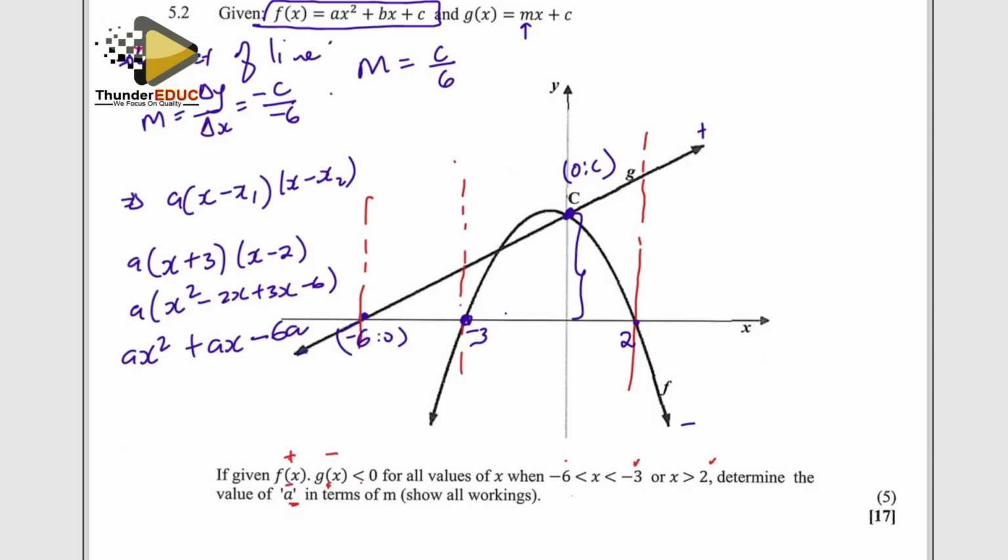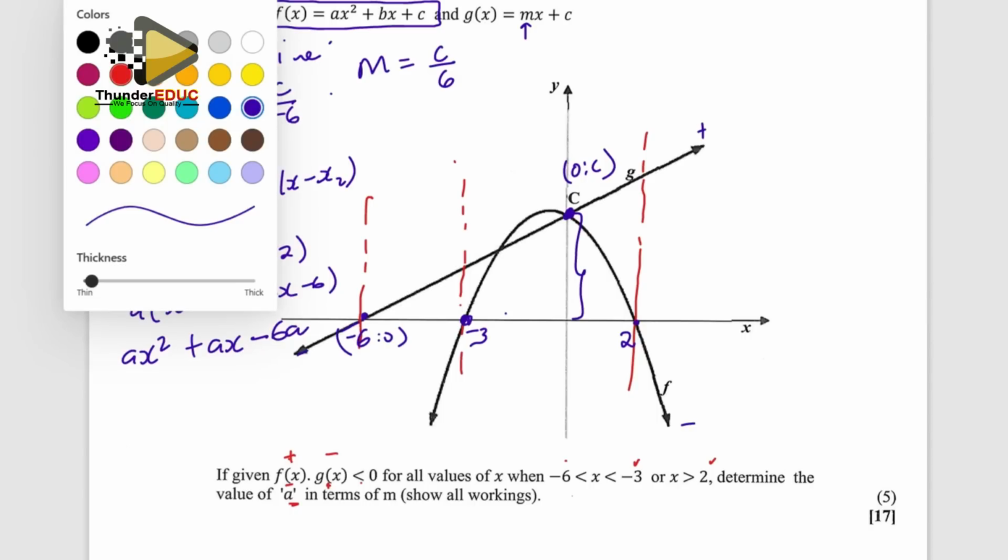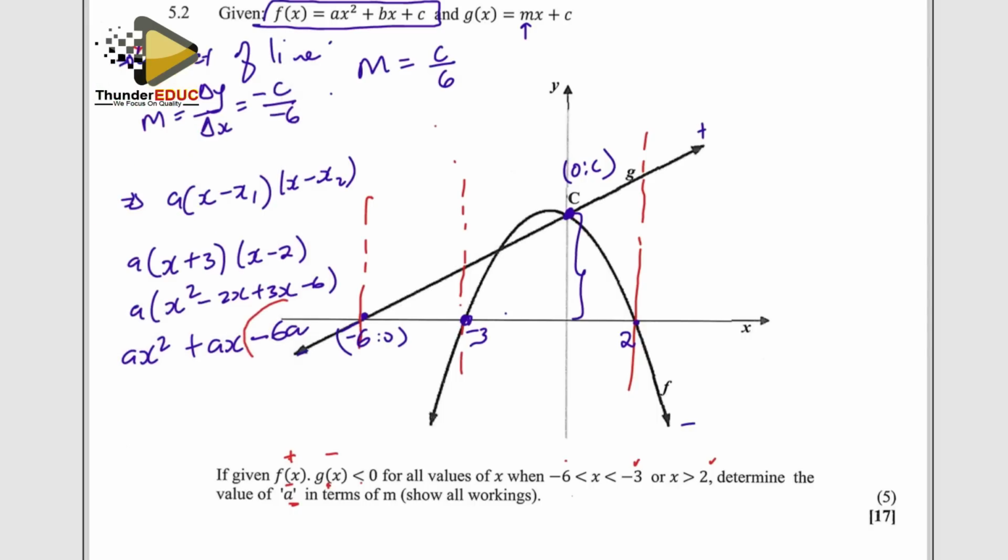Okay, now if I look at it this way, this negative 6a is what I'm going to be equating to be my C. Okay, so in other words, but is that going to make sense for me?